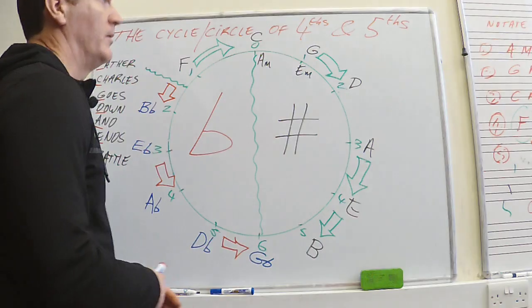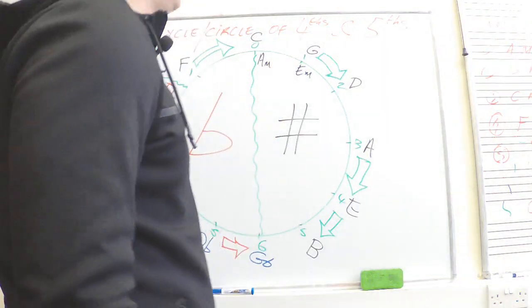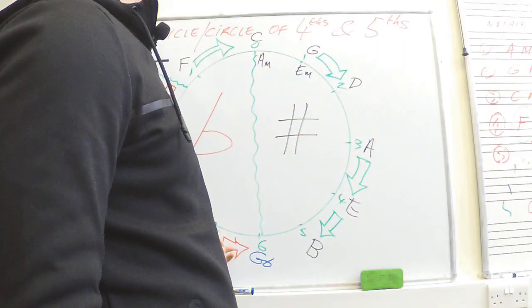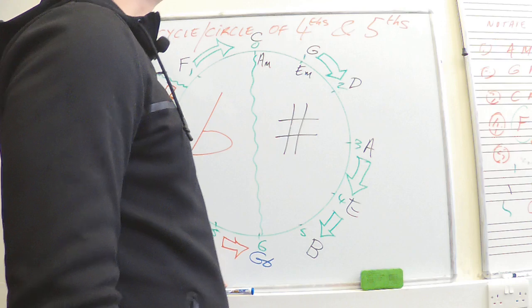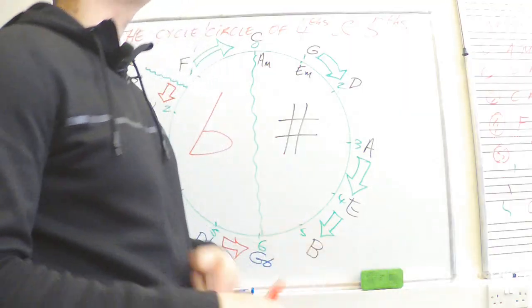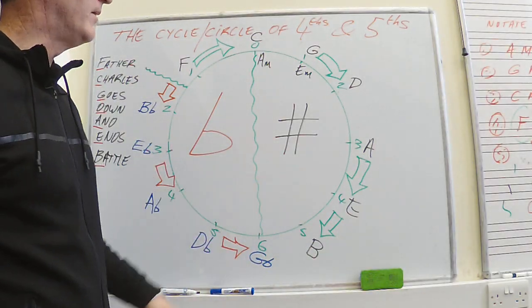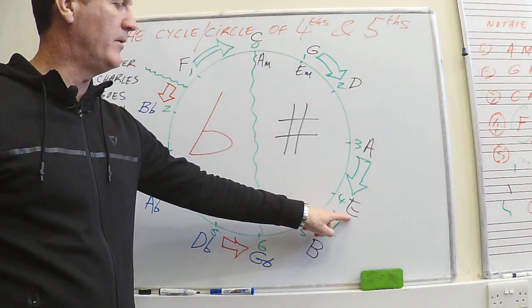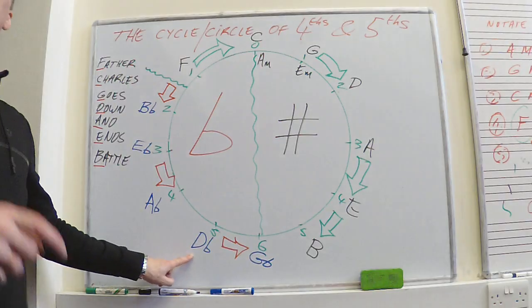What am I talking about? If you look up on the wall there, go to the note D flat, and you'll see that the equivalent note is C sharp. They're the same note. A D flat is a C sharp, a C sharp is a D flat. So I'm saying that, for example down here, you could land on D flat minor.